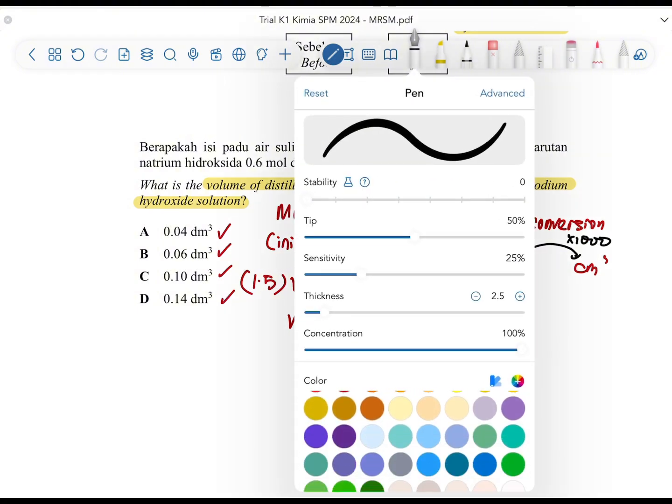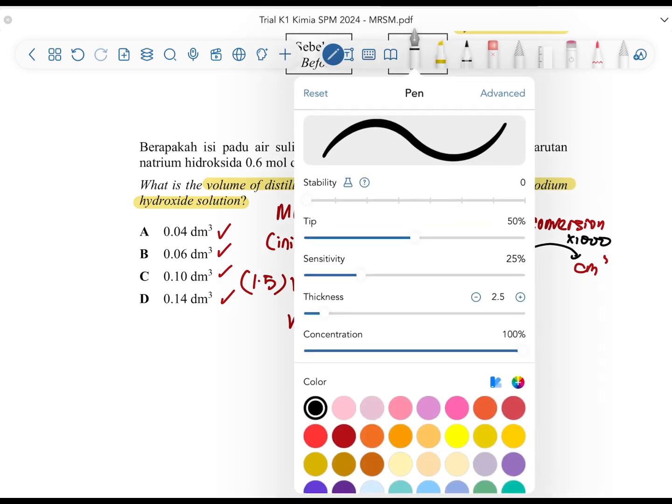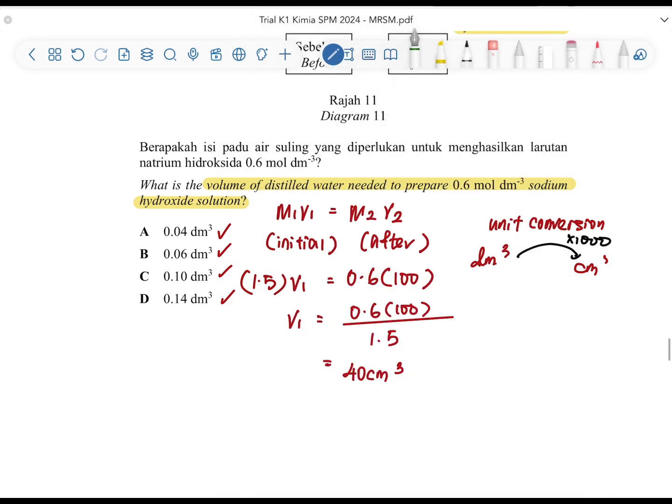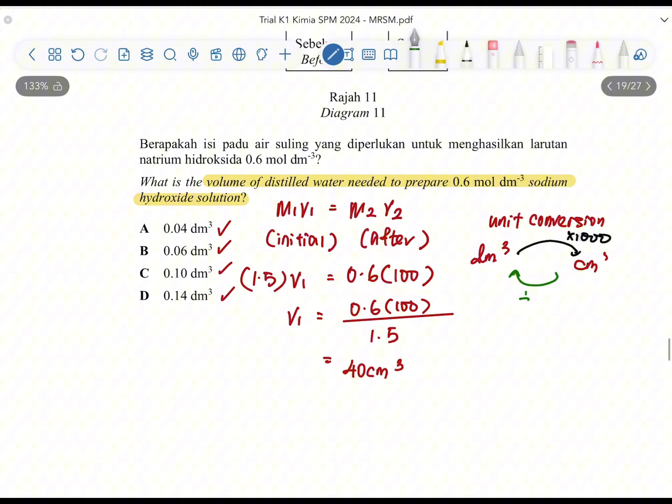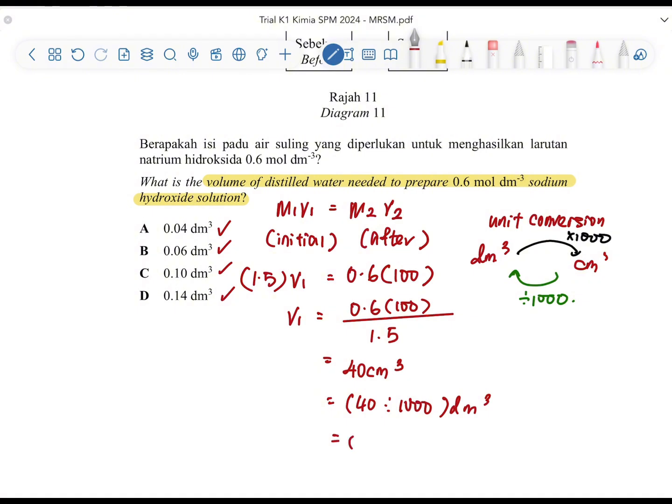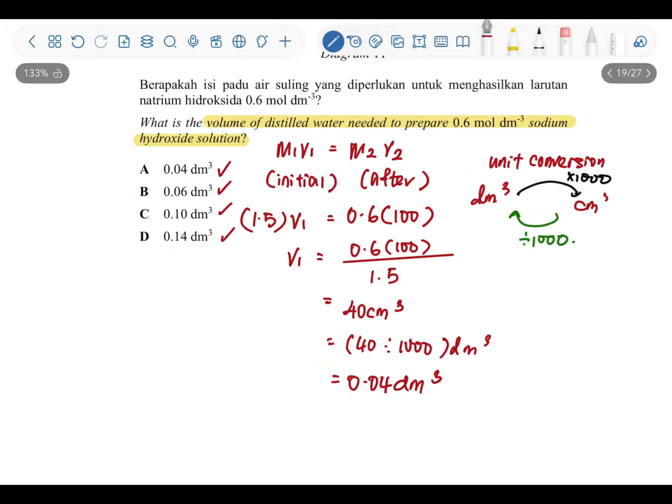So if we go from cm³ to dm³, we divide by 1000. So this 40 cm³ is also equal to 0.04 dm³.